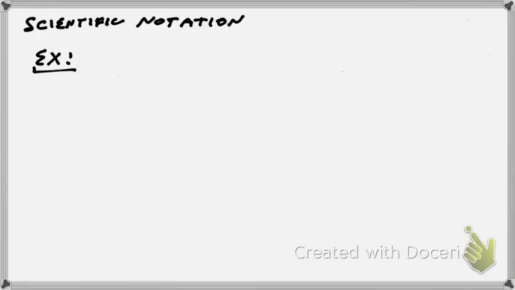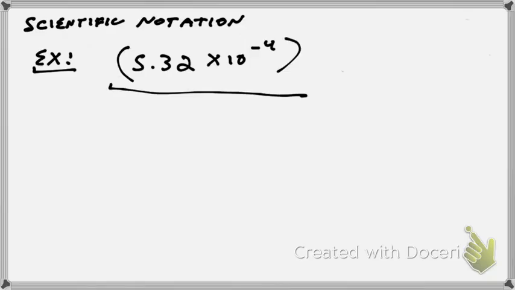So now let's just say we divided these two numbers, okay? So we have 5.32 times 10 to the -4, and we had to divide that by 1.12 times 10 to the -13.